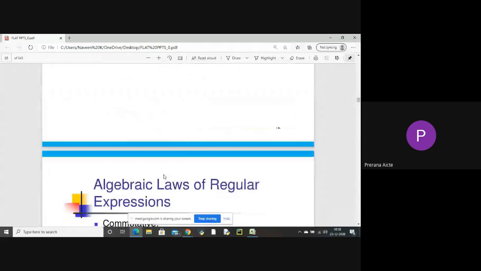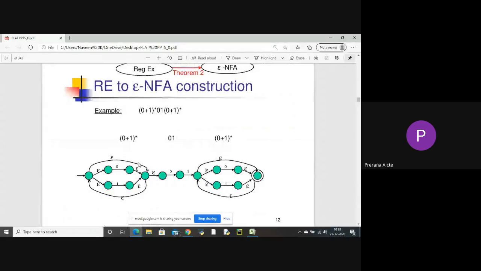Okay, now we need to go to the next topic, conversion of regular expression to NFA with epsilon.